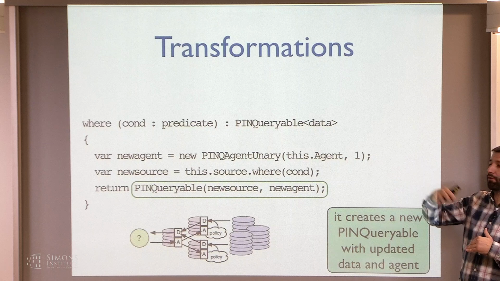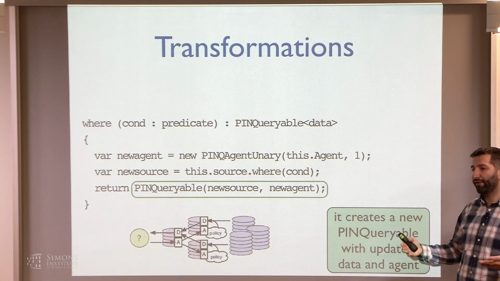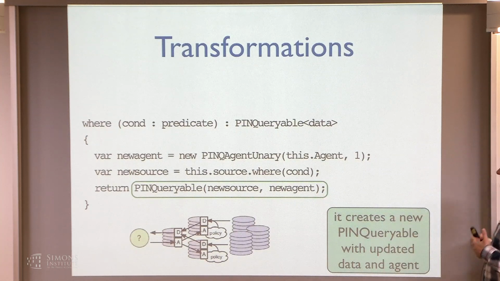So we take the big table, we filter out the records that are not less than, let's say, 50, and we return this query with a new agent that is updated.